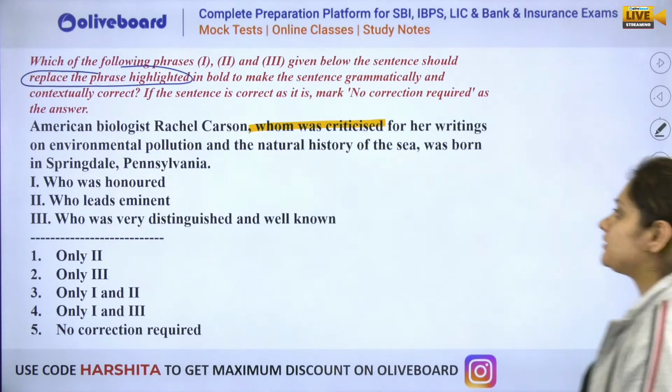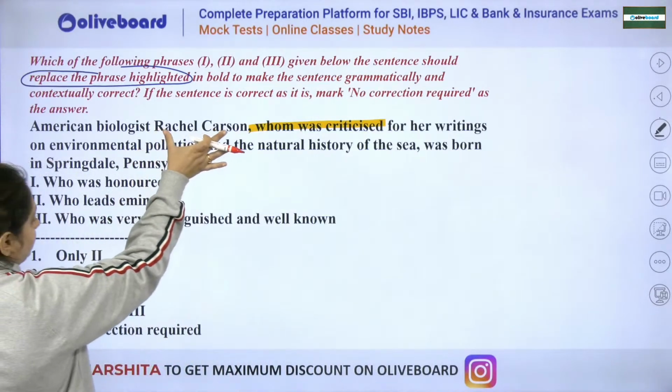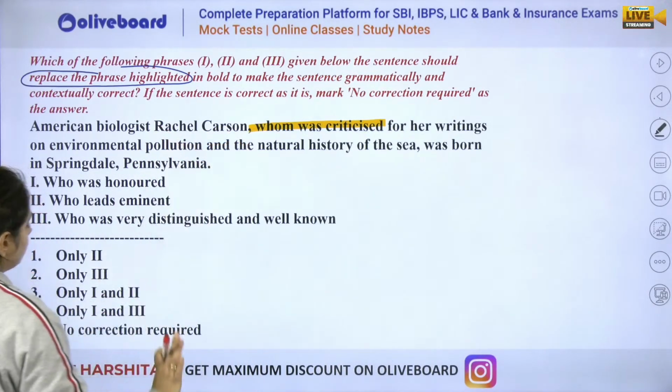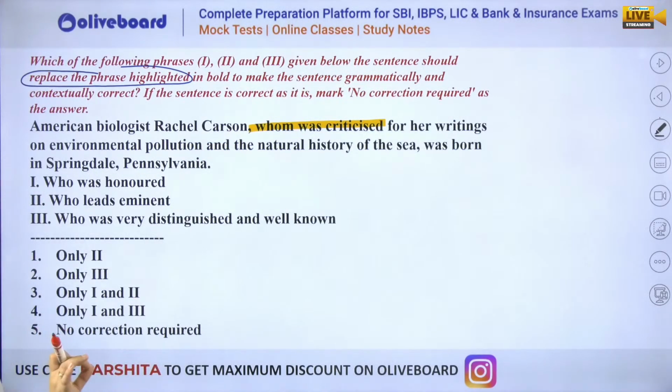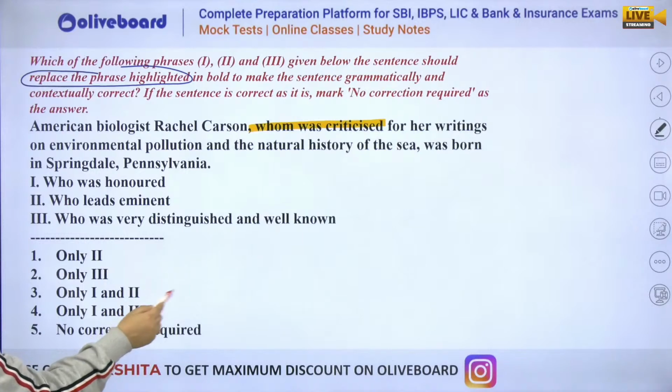Yes, American biologist Rachel Carson. Now we are talking about the name of a person, a subject here. You can't use "whom" for a subject. Okay, what can come as per your answers? Both 1 and 3. "Who was honored for her writings," or you can also say "who was very distinguished and well known for her writings."